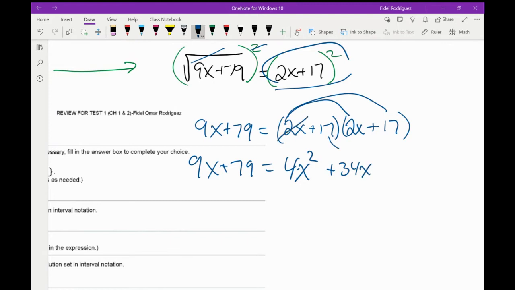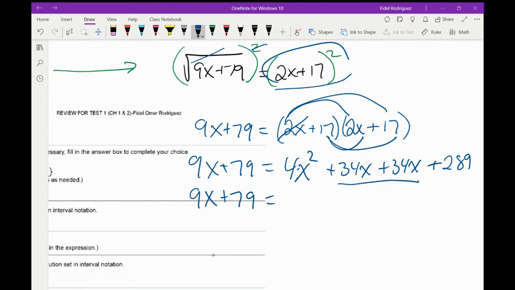We've already done that one. Let's do this one now. There's another 34x. 17 times 17, excuse me. 17 squared is 289. Okay. Now, I'm going to just keep working here. I can put those together. So that's a 68x and a plus 289.